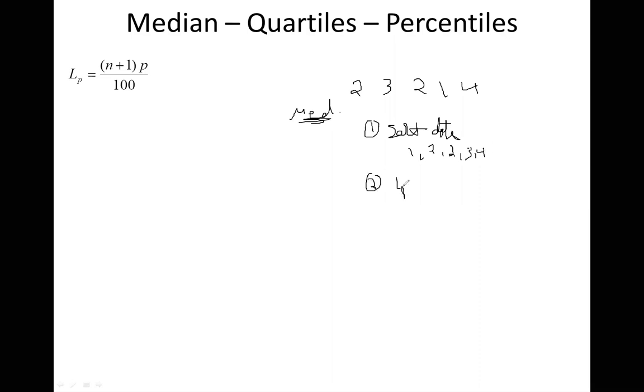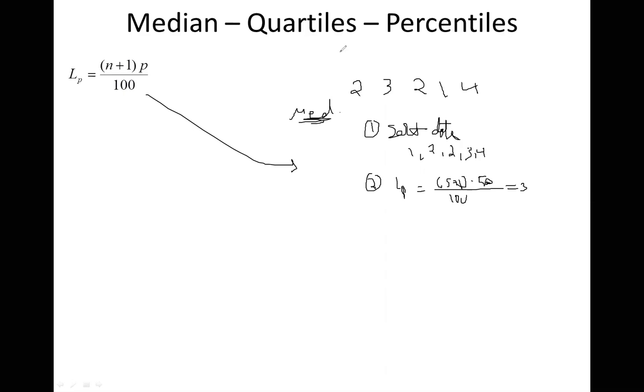As we said, the LP equals n, now we have n equal 5, plus 1, using the formula, times P for the median, as we said, it's 50 divided by 100, that gives 3. Now, what is the meaning of 3?